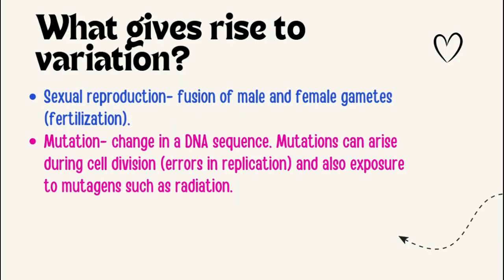And we said before that variation will come from sexual reproduction, the fusion of male and female gametes, so fertilization has to take place, right? And another way that variation can come about is through a mutation, right? So mutation means that there's a change in the DNA sequence. So for example, during cell division, we know that during the S phase, that's where DNA replication takes place.